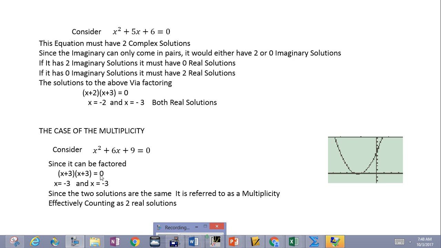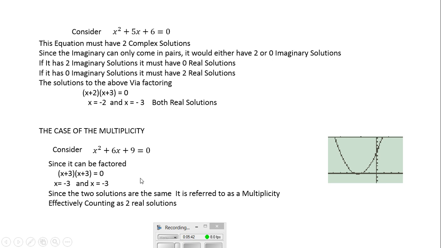And there are no imaginary solutions, only the real solutions. But since they are the same, we refer to that as a multiplicity, meaning a double, in some cases maybe a triple or quadruple solution, which is the same. We should see more of those moving forward, okay?